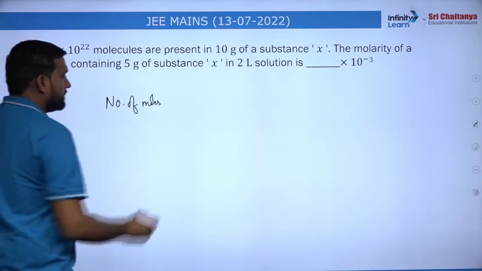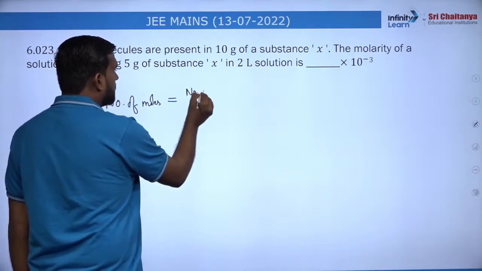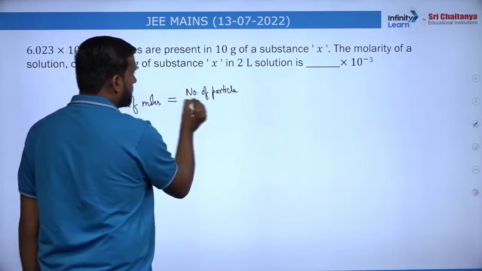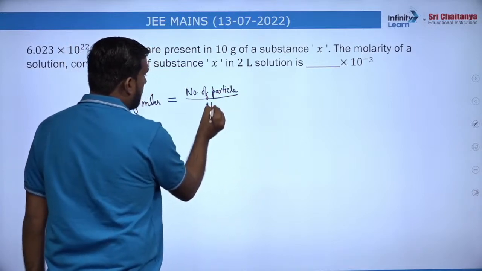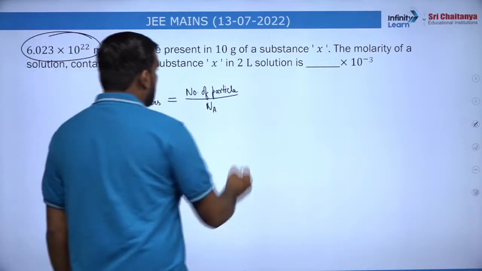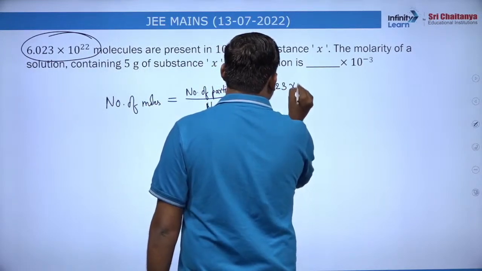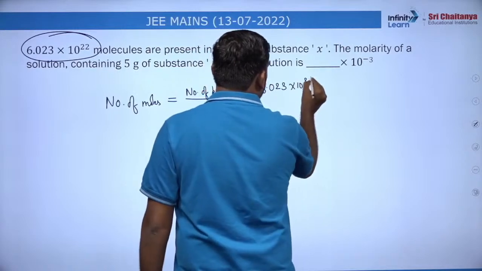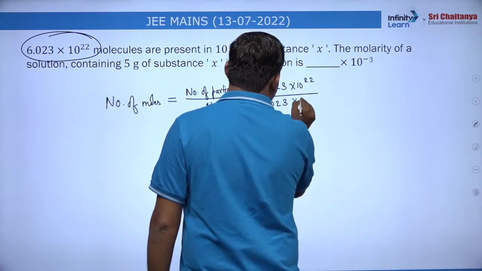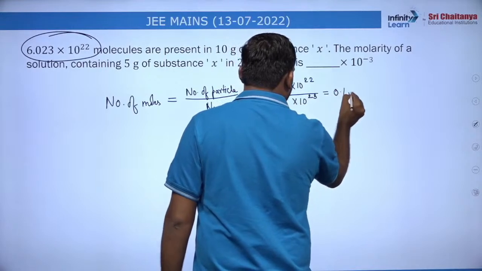The number of moles will be equal to the number of particles present upon Na. The number of molecules is given in the question: 6.023 into 10 to the power 22. Divide that by Na, which is 6.023 into 10 to the power 23, and it will be equal to 0.1 mole.